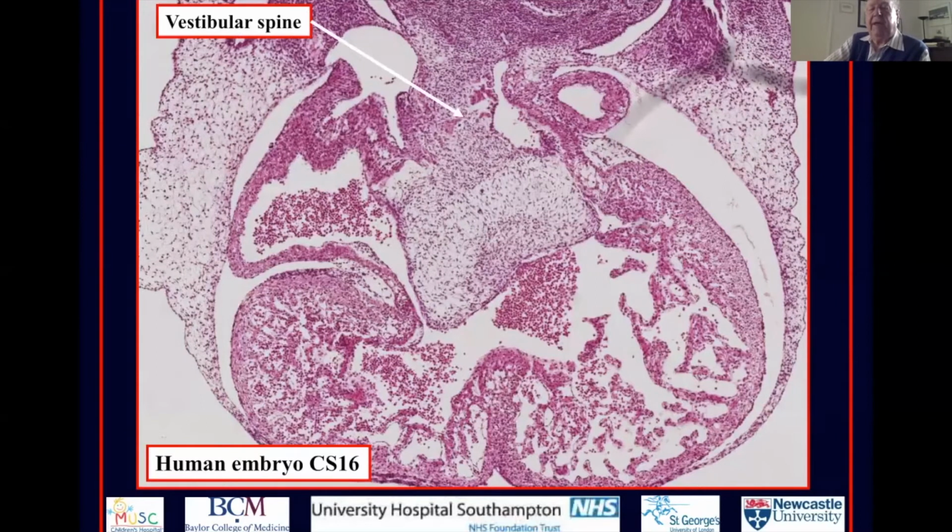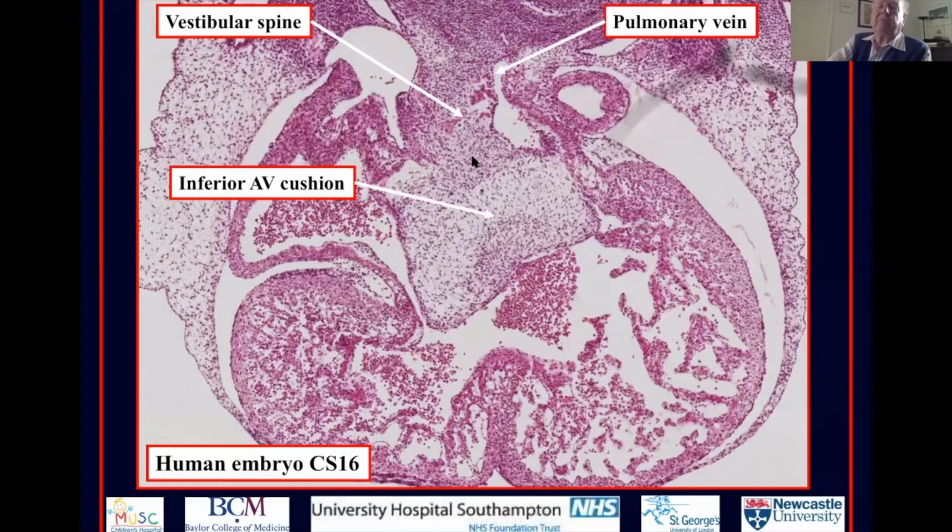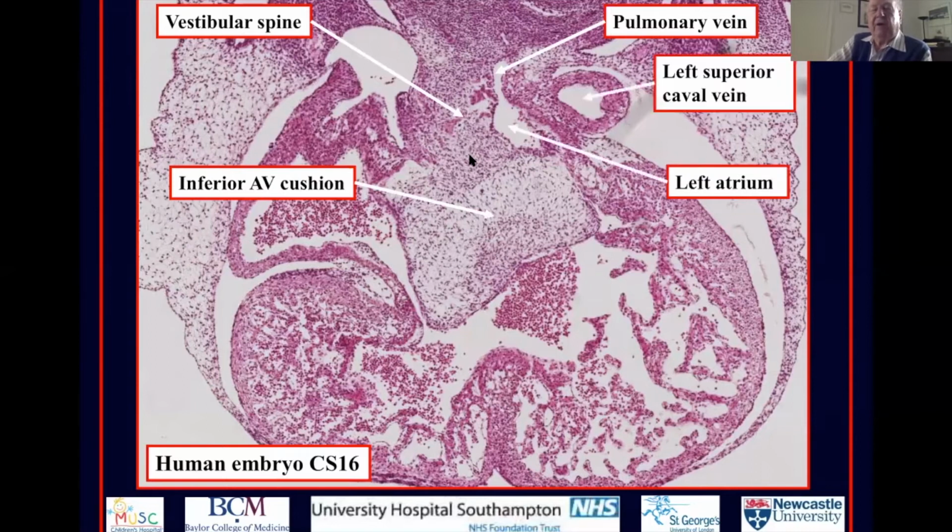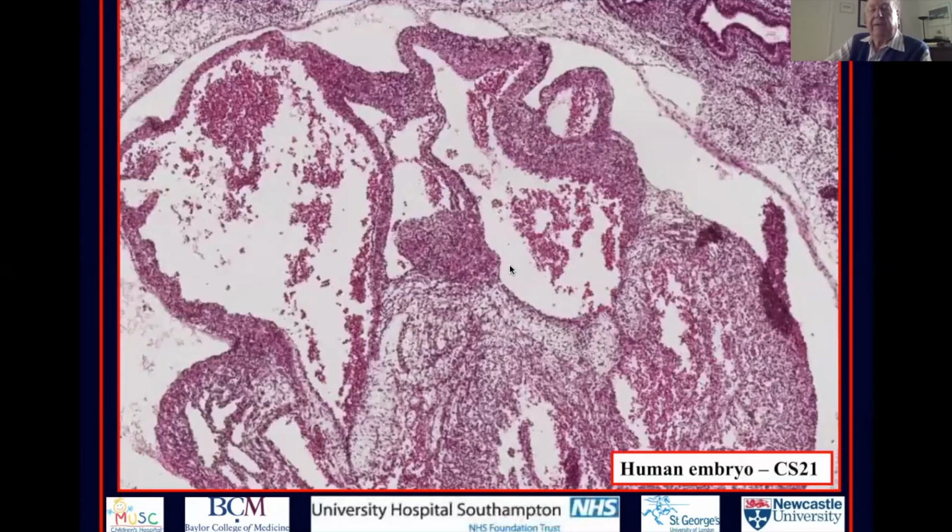What we see here in the multi-speckled tissue is how the tissue from the pharyngeal mesenchyme here is growing into the heart, fusing with the inferior atrioventricular cushion and committing the pulmonary vein to the developing left atrium. And there is the cavity of the left atrium. And it's only later that the pulmonary veins then begin to migrate so that they achieve their definitive position on the roof of the left atrium.